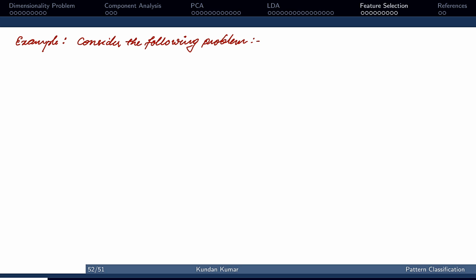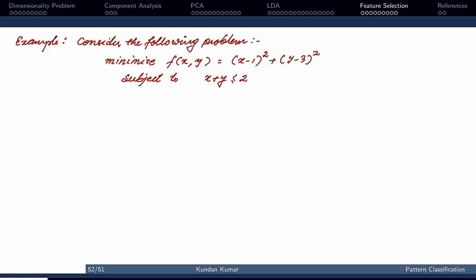Here we have given a problem where we have to minimize f(x, y) equal to (x minus 1) square plus (y minus 3) square, subject to x plus y less than or equal to 2, and the other inequality constraint is y greater than or equal to x. So how can we solve this problem?